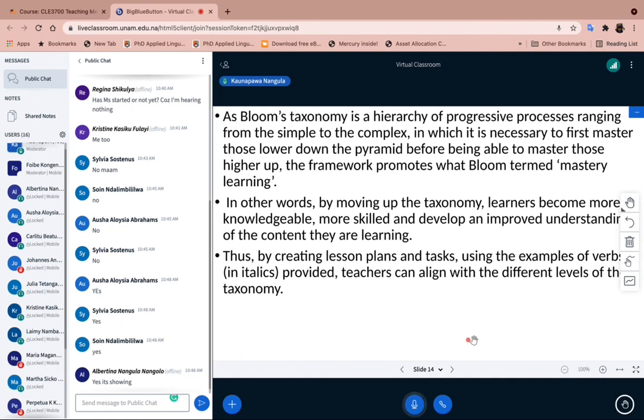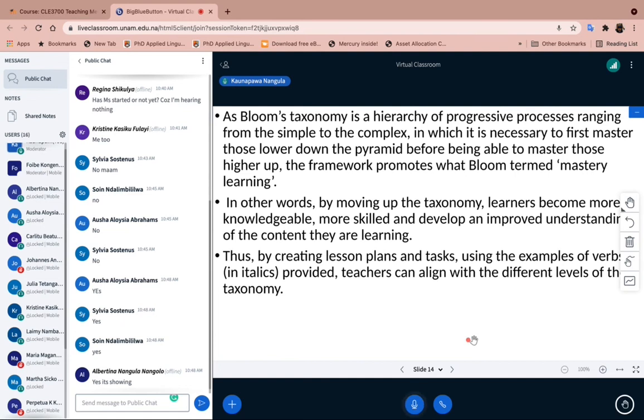For example, if you know that the level of the objective is under the category analyze, because we are always provided with a number of examples, information or resources that give us examples of sentences and questions that you can use for different activities. And then when you use them, they need to match.